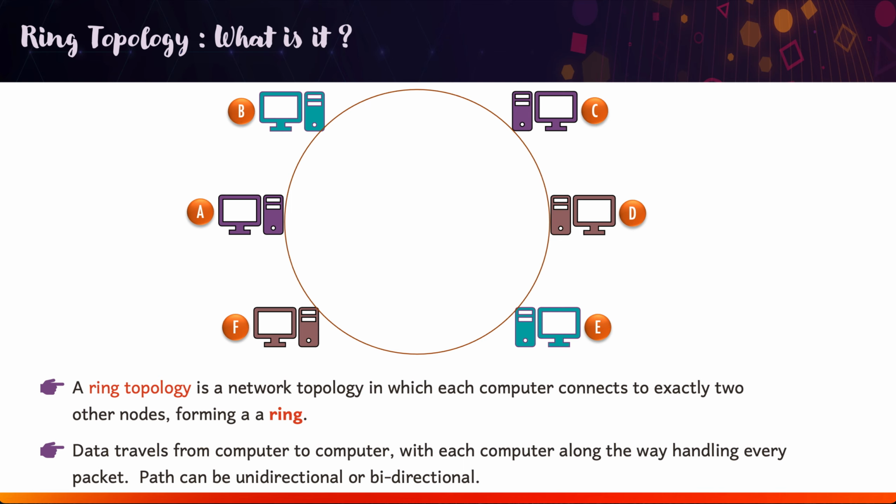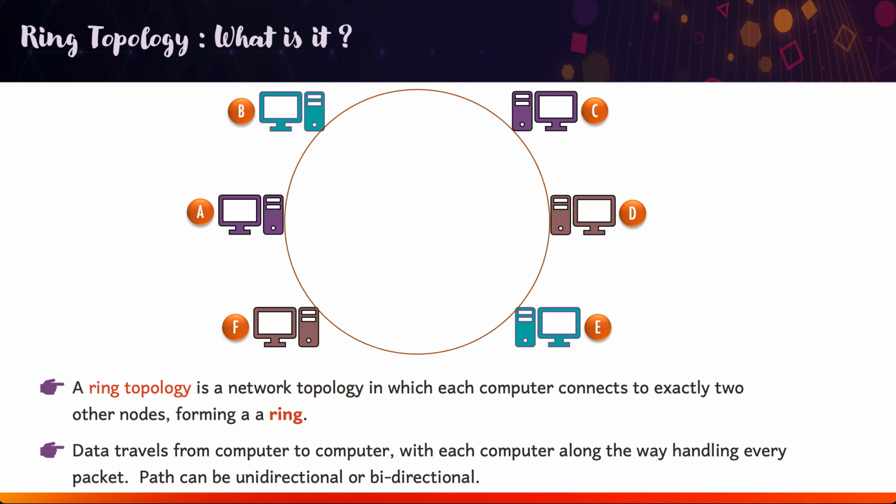Now, one of the problems that we have seen with the bus topology is that the bus, being just a wire, is not intelligent and it cannot help when multiple computers try to communicate at the same time.